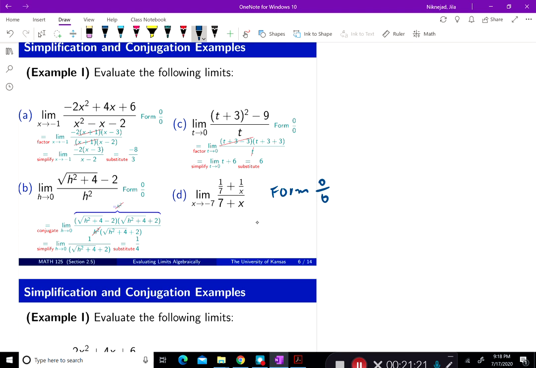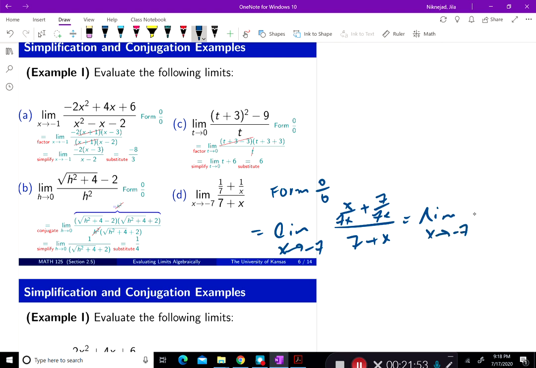So what we do this time is I see that there is a complex numerator going on, so I try to simplify the numerator. First a common denominator in here, so it's x times 7 divided by 7x plus 7 divided by 7x, over 7 plus x, and that is the limit as x approaches negative 7 of x plus 7 over 7x over 7 plus x.